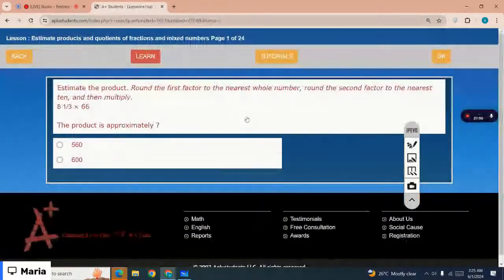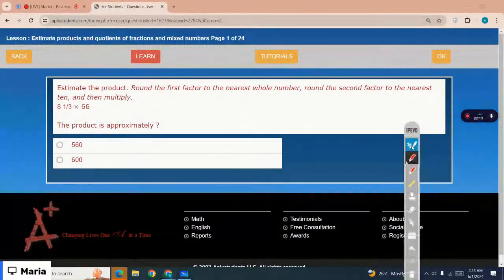Okay, estimate the product. Round the first factor to the nearest whole number, round the second factor to the nearest 10, and then multiply. 8 whole 1 by 3 times 66. You need to round the first number to the nearest whole number. Look at the fractional part, 1 over 3. That is less than half. That means you round to the same whole number, that would be 8.